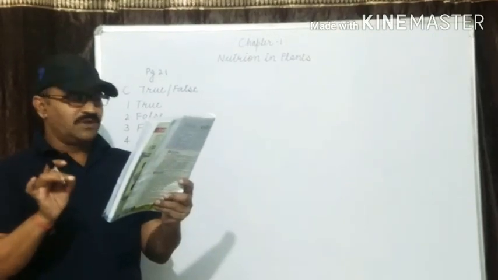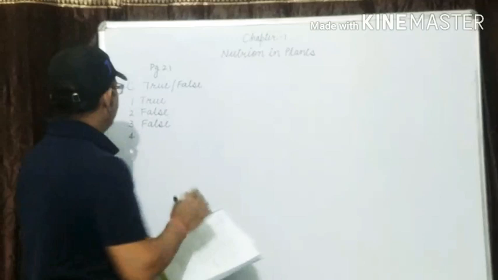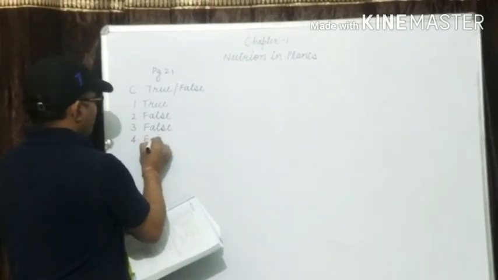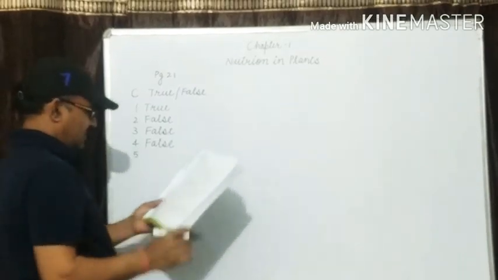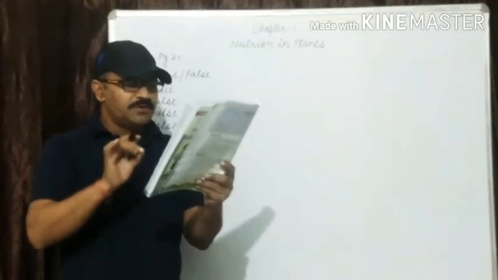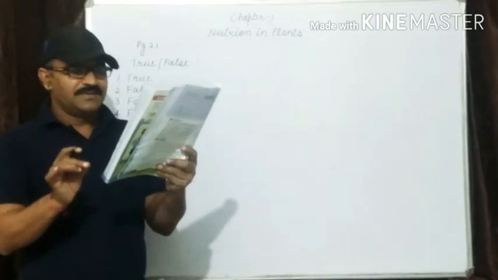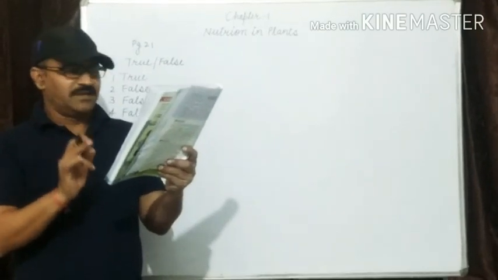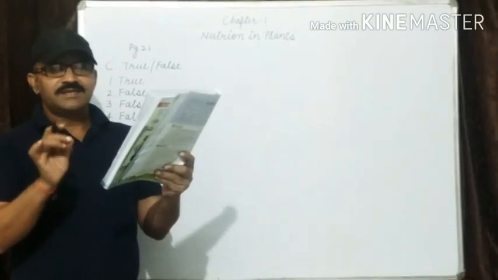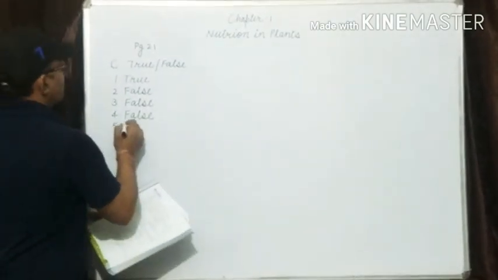This is also false because plants synthesize vitamins. Fifth, the root nodules of leguminous plants contain a parasitic bacterium. No, symbiotic bacteria are there, the name is rhizobium. It is also false.